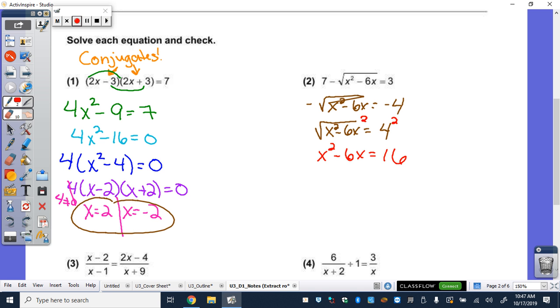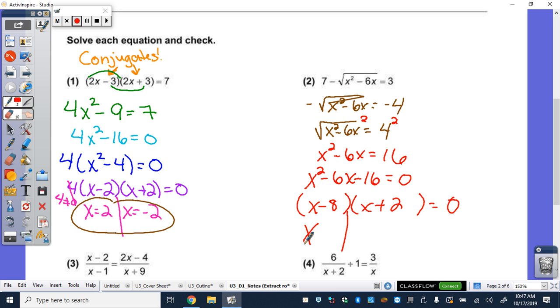So on the left side, it just makes that radical go away. Right side, 4 squared gives me 16. So subtract our 16 over so we can factor. So it multiplies to negative 16, but adds to give us negative 6. Negative 8, positive 2.